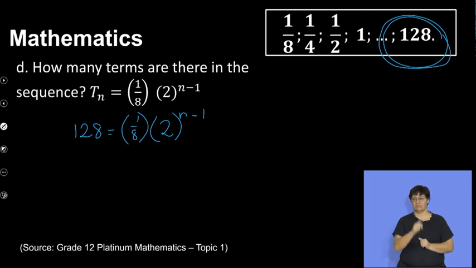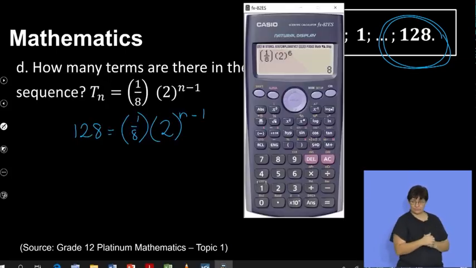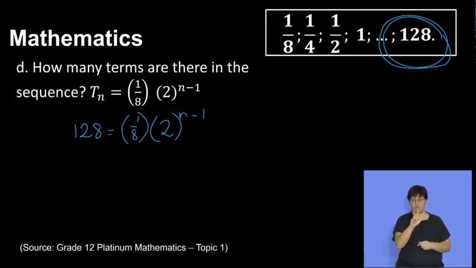I'm looking to solve for n. So the first thing I'm going to do, everybody, is to try and isolate the n. So I'm first going to say 128 divided by an 8th. Sorry, the fraction doesn't want to work for me, everybody. There we go. 1 over 8, which is going to give me 1,024.